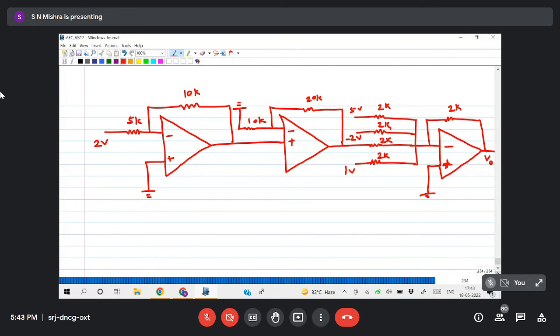Okay, find the value here. Three op-amp circuits are cascaded, where the output of a circuit is given to the second circuit's input, like that it is connected. Tell me what is the answer. Let's see how many of you will do it.